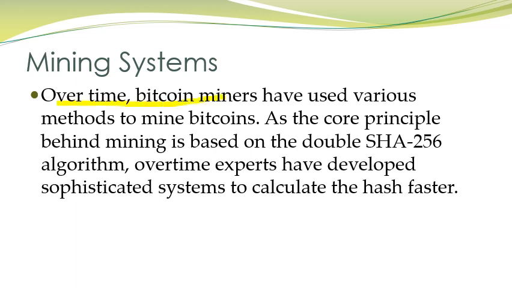Over the time, the Bitcoin miners have used various methods and various types of computers to mine Bitcoin. For mining, the node has to calculate the double SHA-256. It has to use this SHA-256 algorithm for solving the mathematical puzzles.